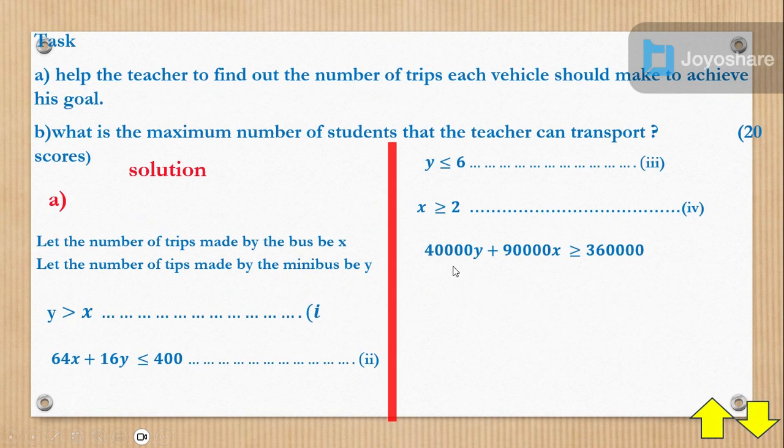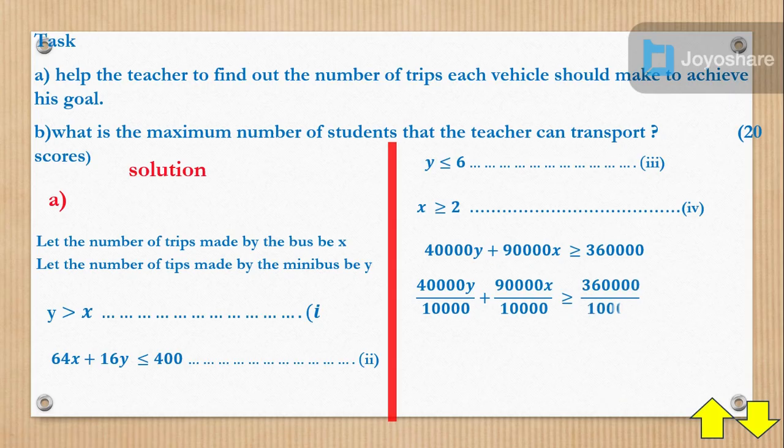And now that gives us this equation: 40,000 Y plus 90,000 X greater than or equal to 360. This word means should not be less than 360. That's how it is. Now next we must go and reduce. You can reduce that by 10,000. Reducing by 10,000 will give us 4Y plus 9X greater than or equal to 36.